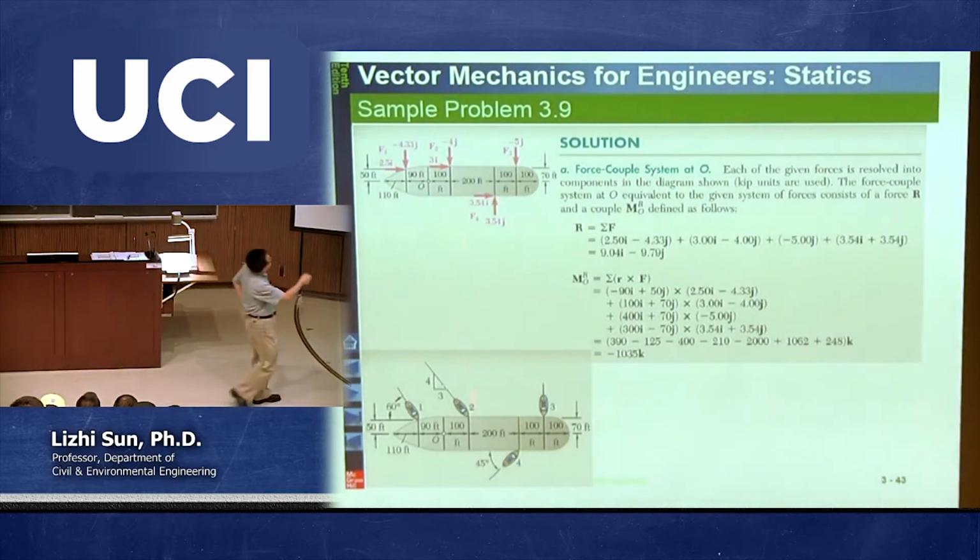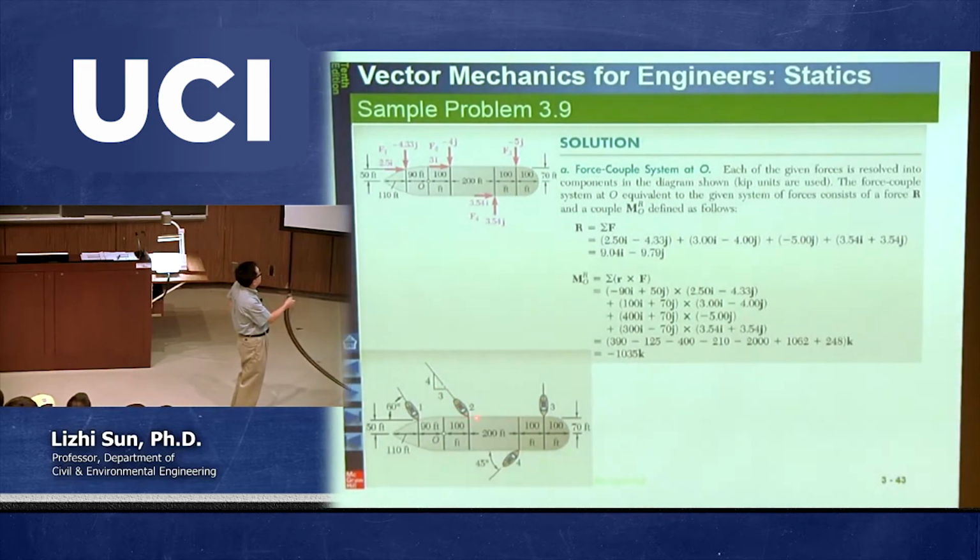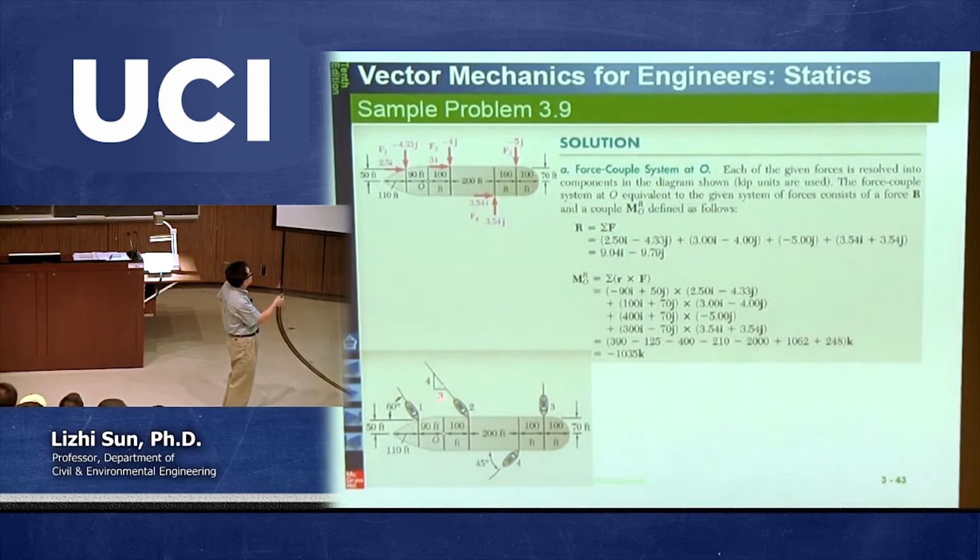Second force. This one, they didn't give you an angle, but they're basically telling you that if you split it, that's a 3/4. That means this is 5, right? So it splits into 3/5 and 4/5. So when you have a 5 kip force acting on this point, the x component is 3/5 times 5. That's 3.